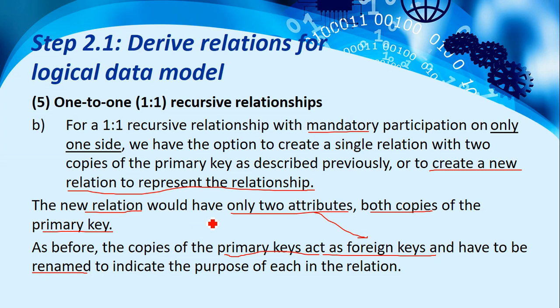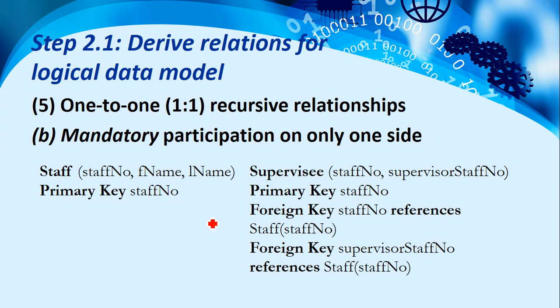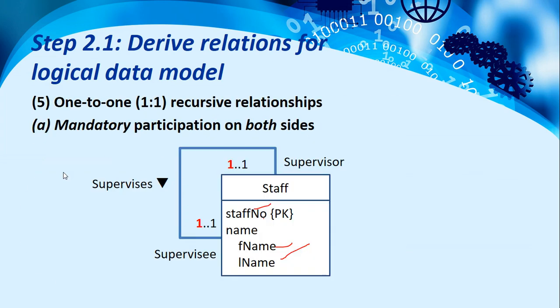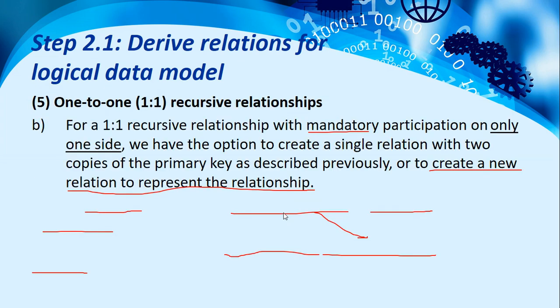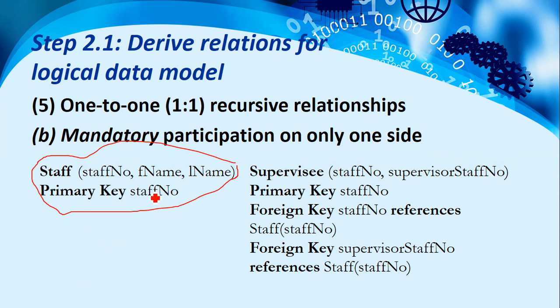So that is why we have the following. This is our original relation, with no other details added. Basically we just wrote the entity name, its attributes, and its primary key for the first relation.